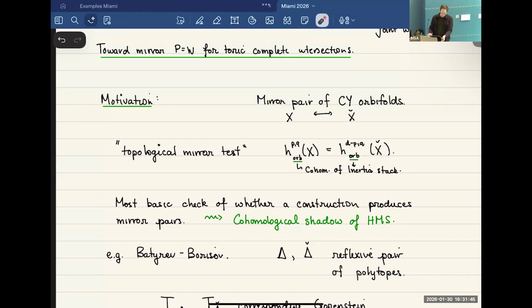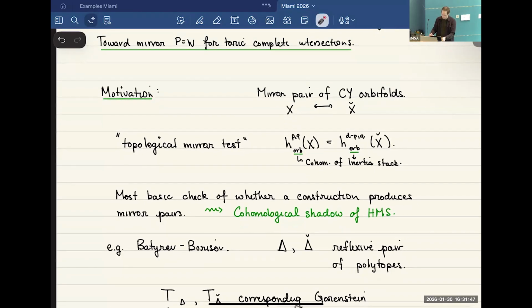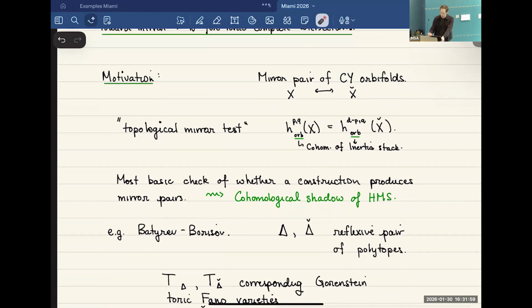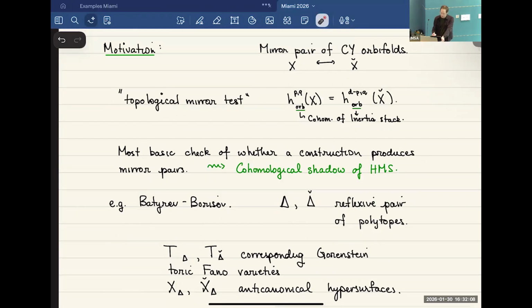Maybe one of the first big results in the mirror symmetry literature is this result of Batyrev-Borisov. I'll explain it in the Batyrev case, not the full Batyrev-Borisov case, but most people know all of this already. If I take a pair of reflexive polytopes, which we'll call delta and delta check, there are corresponding toric varieties.